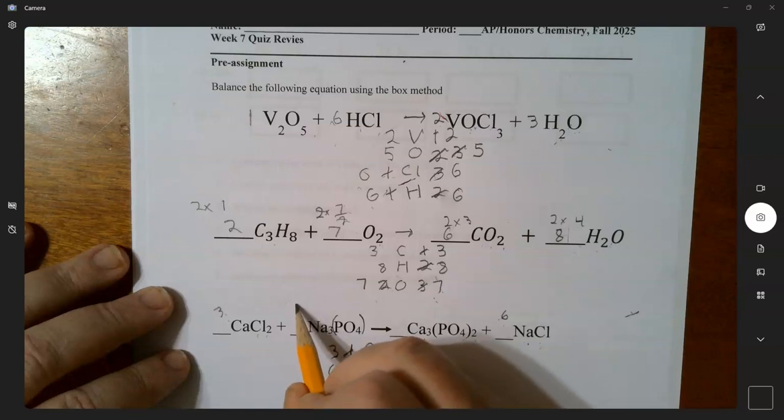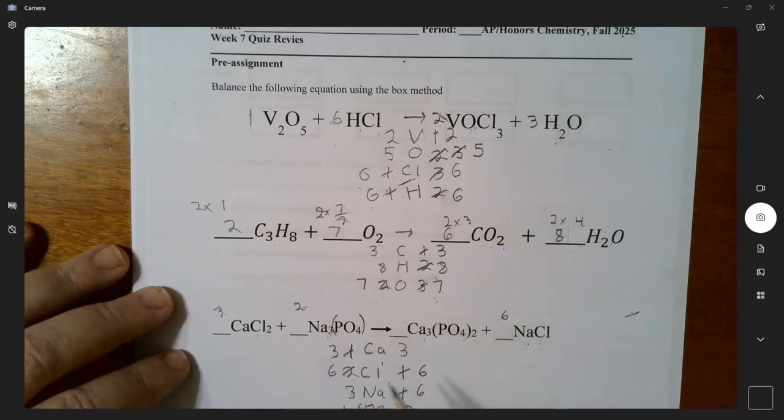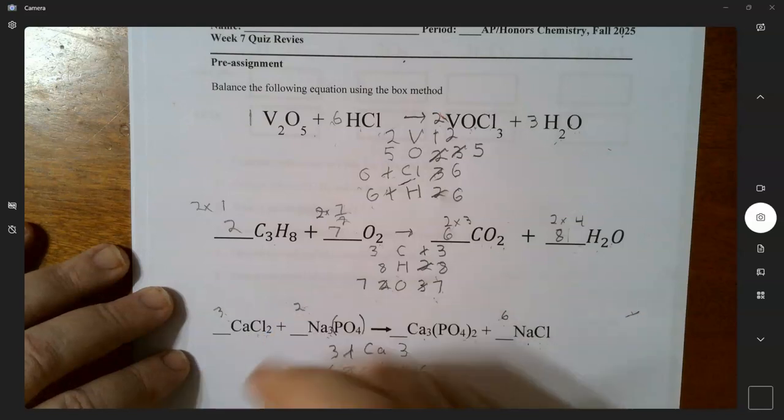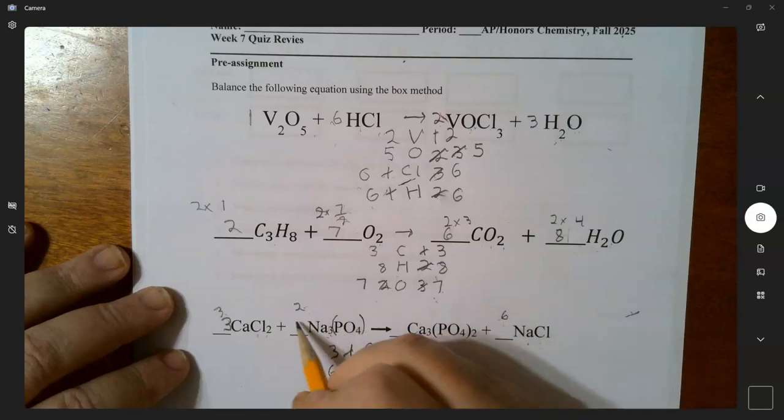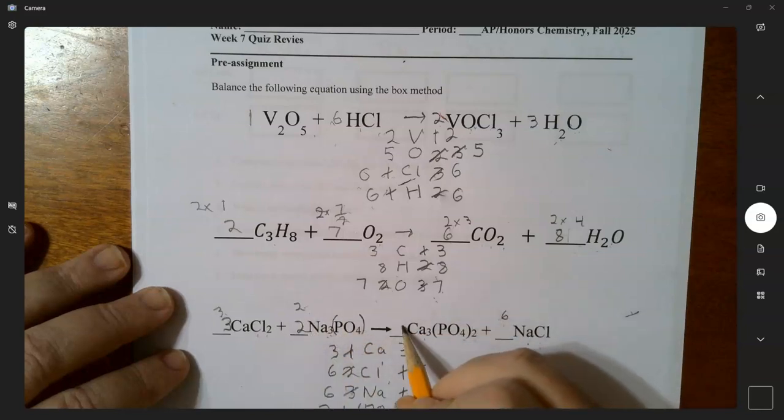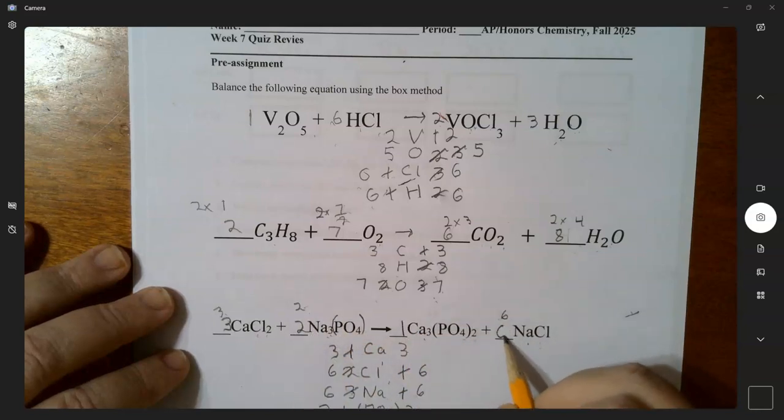So I'm going to put a 2 here. So 2 times 3 is 6 for sodium. 2 times 1 is 2 for phosphate. And we have everything in balance. Okay, so you can go back and rewrite that as 3, 2, 1, and 6.